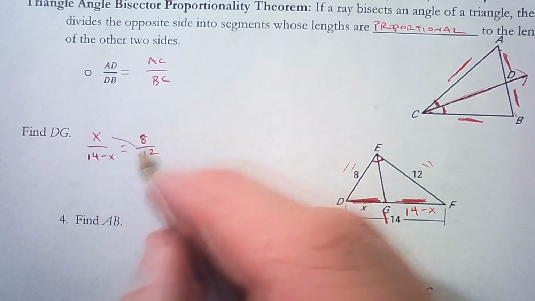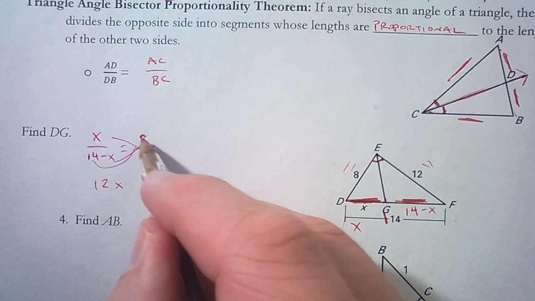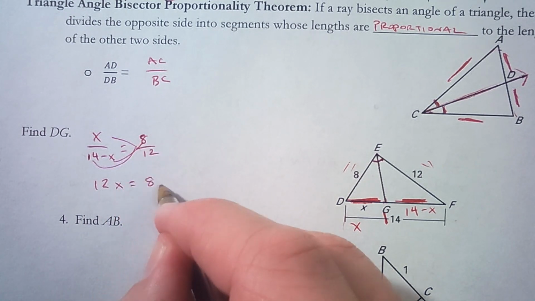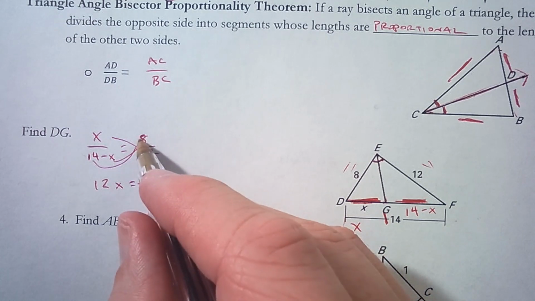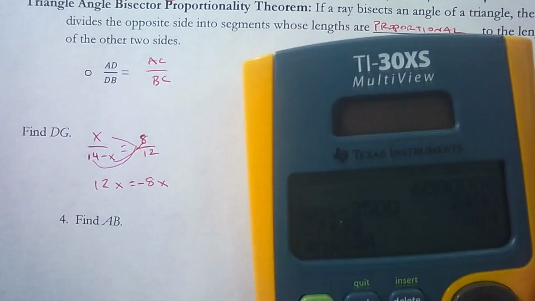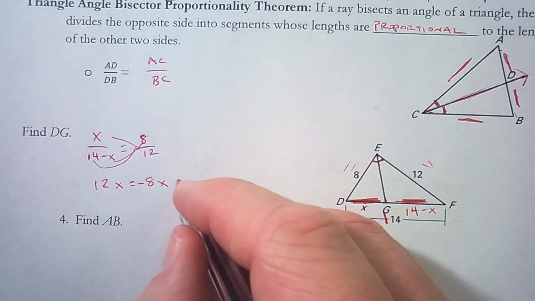So my cross products are 12X. And here I'm going to have to distribute. So I have 8 times X, 8 times negative X, so that's negative 8X, and 8 times 14, and that is 112.